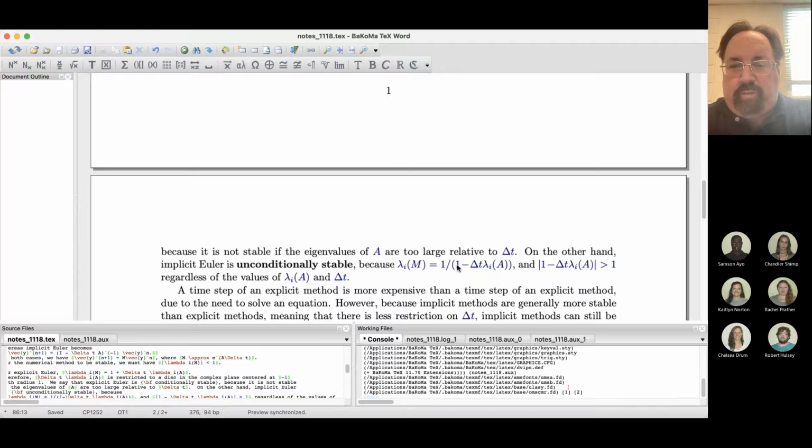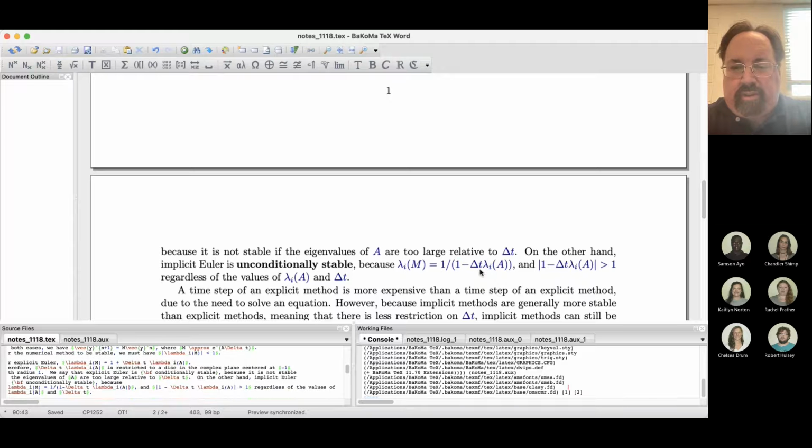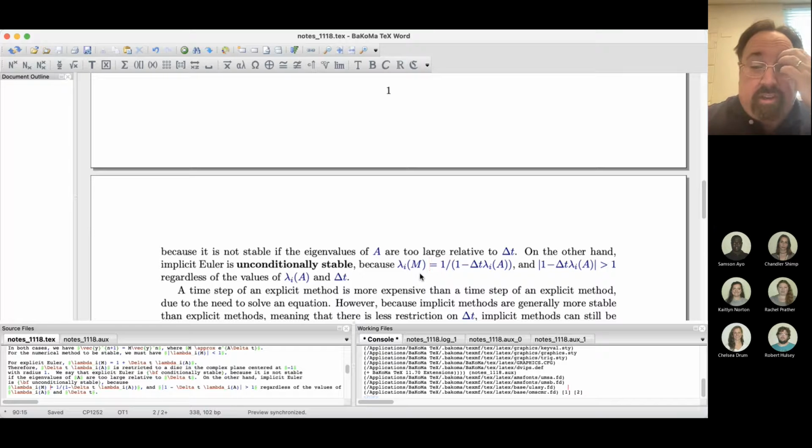So what happens here is the real part of this denominator is going to be strictly greater than 1. And then you might have some imaginary part also. The point is, the denominator is going to be greater than 1 in absolute value. So therefore, the eigenvalues of M are going to be strictly less than 1 in absolute value, no matter how you choose delta t. So that's why implicit Euler is said to be unconditionally stable.